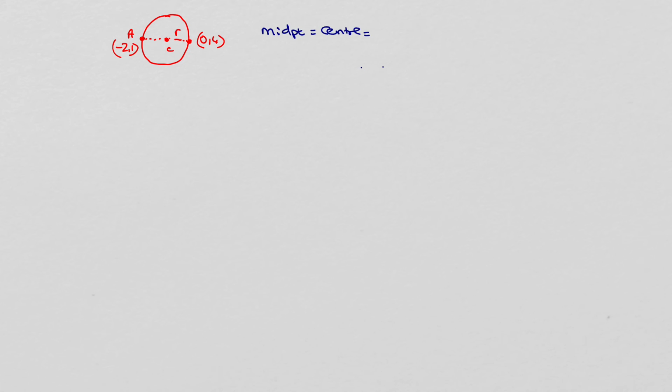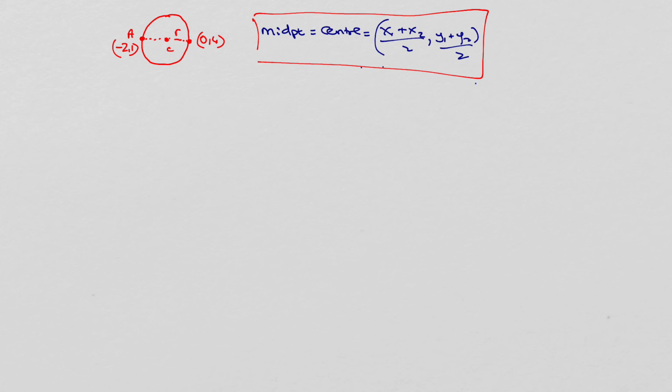And to find the midpoint, we go to page 18 in our maths tables, and we know it's x1 plus x2 over 2, y1 plus y2 over 2. So in other words, the centre of the circle, I call that x1, y1, x2, y2. So we have minus 2 plus 0 over 2, 1 plus 4 over 2 gives me a centre of minus 1, 5 over 2.